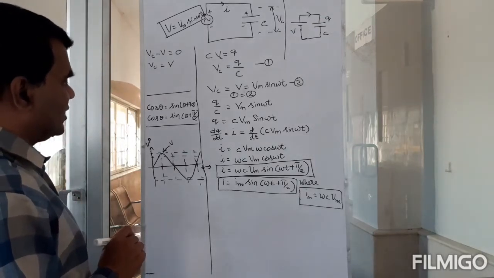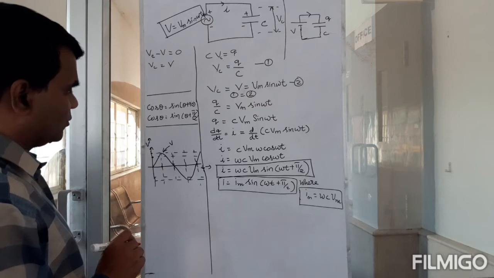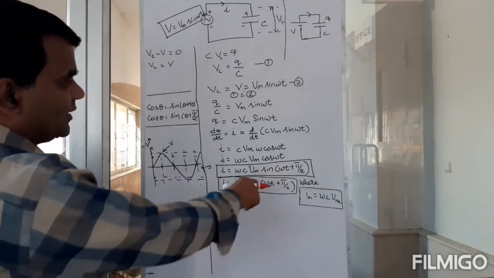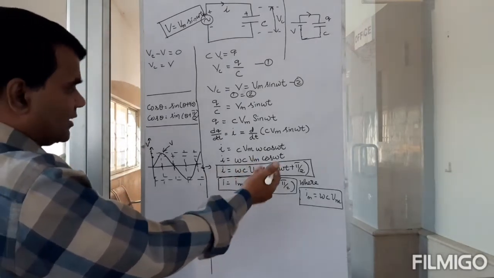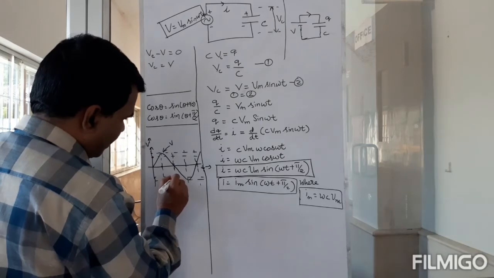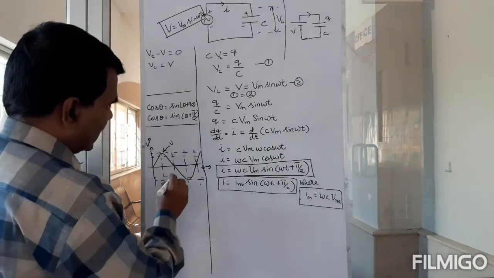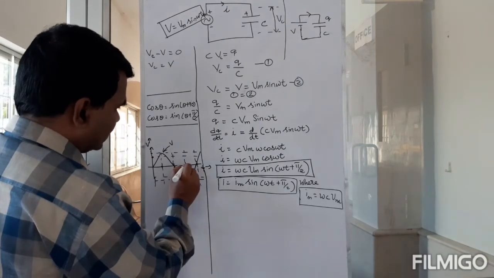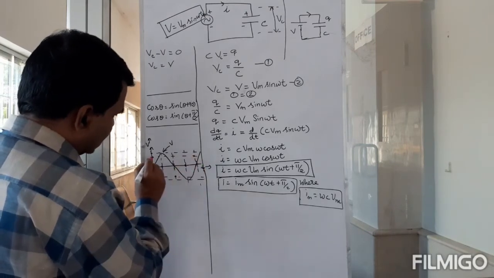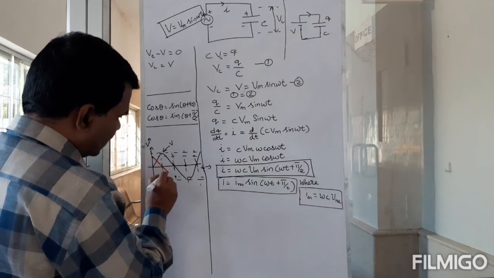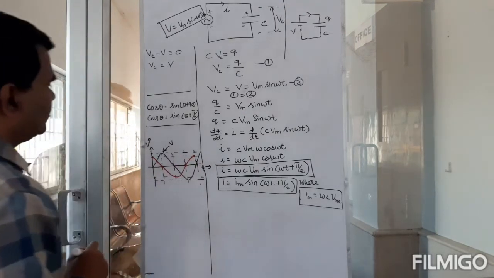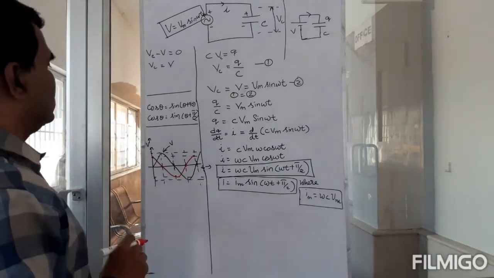And 3 pi by 2 would be next one. It's going to be negative, right? 180 more, so then you get to this, and this. So the current graph looks like this.